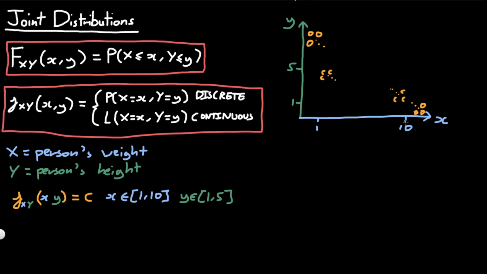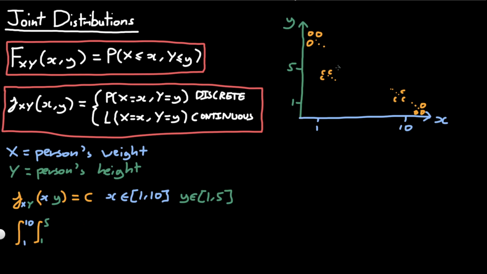I like to think about this kind of like a for loop, if you've ever done anything computer science related. I'll write the integration symbol here, but you can think of it as saying for the values of x in the range 1 to 10, and then nested within that for loop, for the values of y in the range 1 to 5.